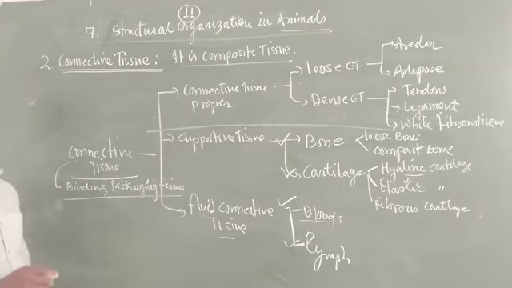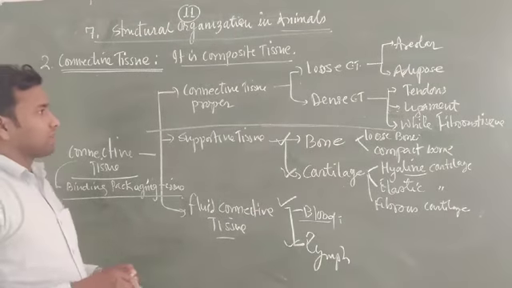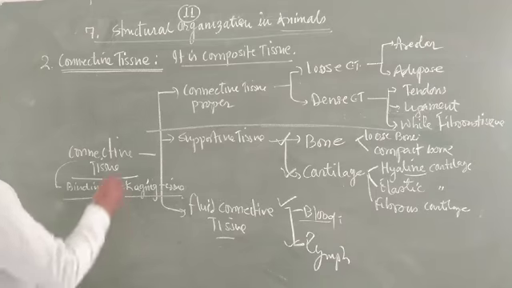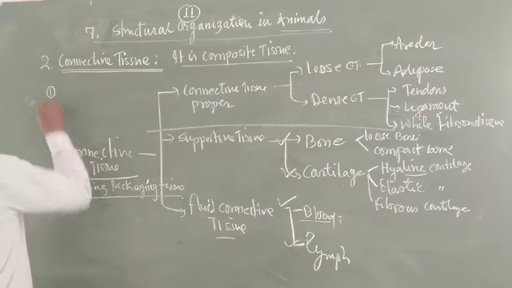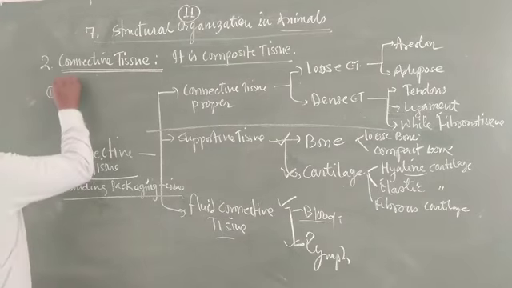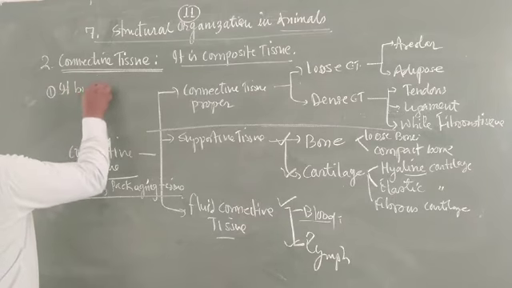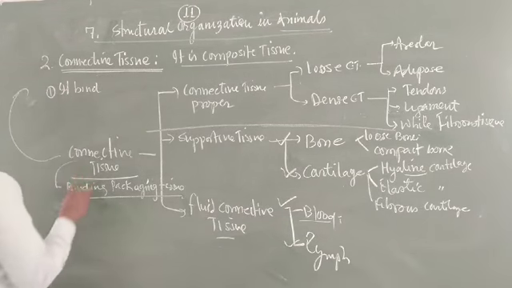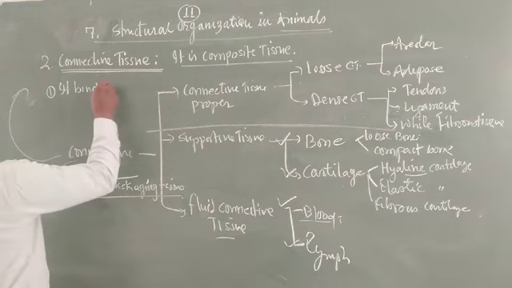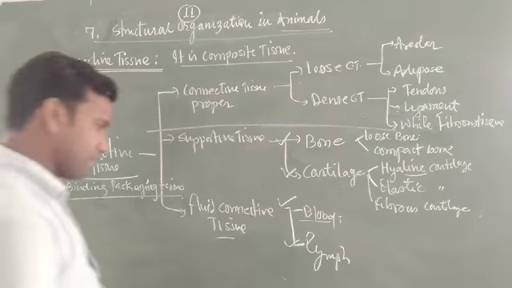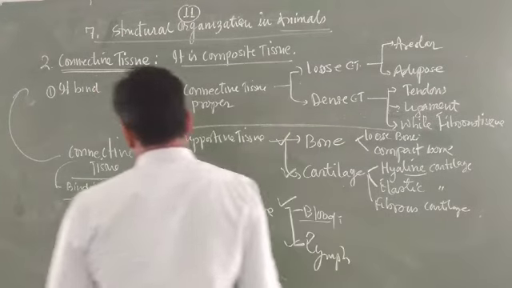Clear? So what is the first characteristic of connective tissue? It binds all cells together. That is the general character of connective tissue I discussed.